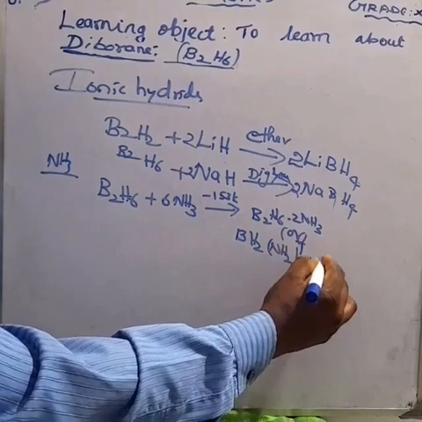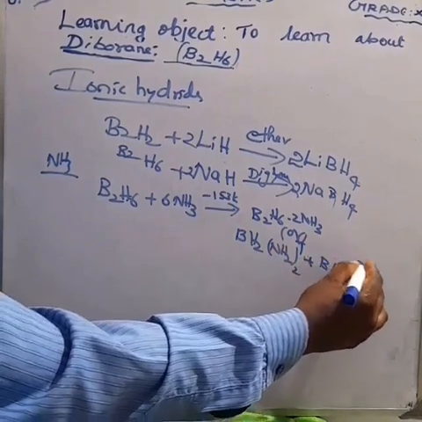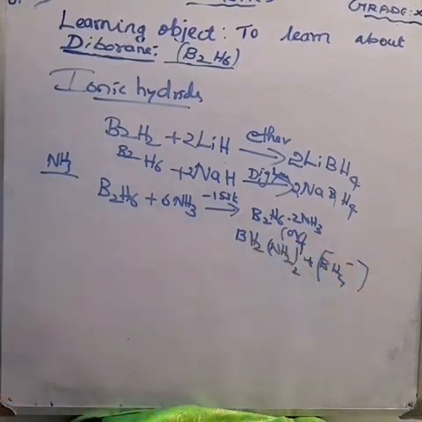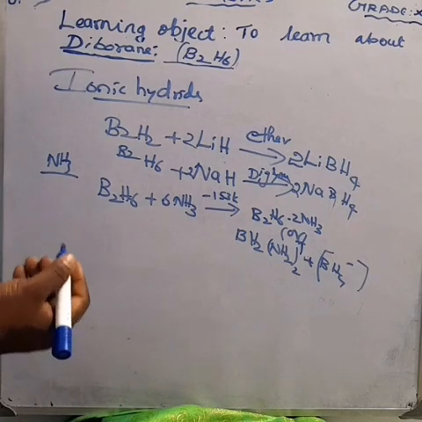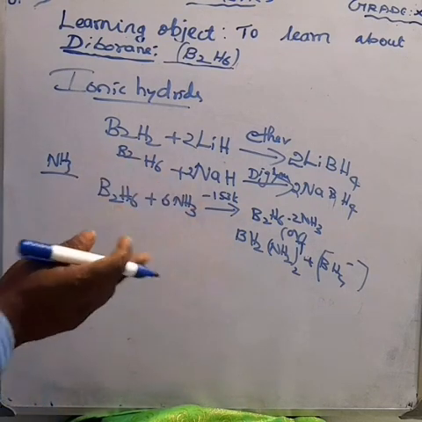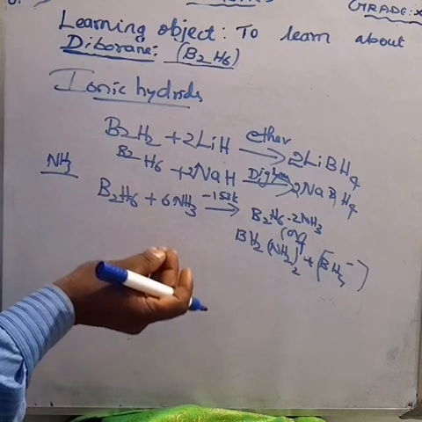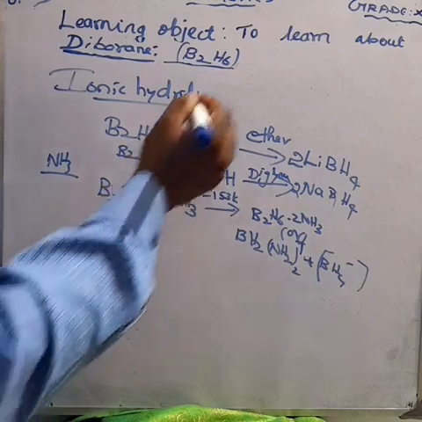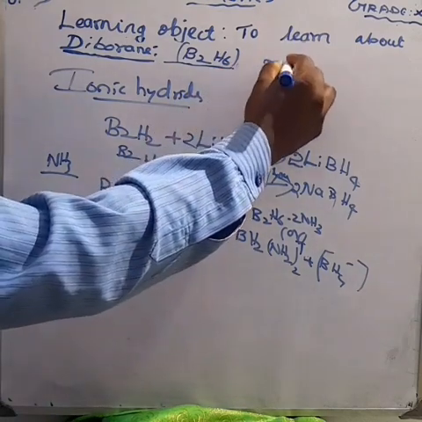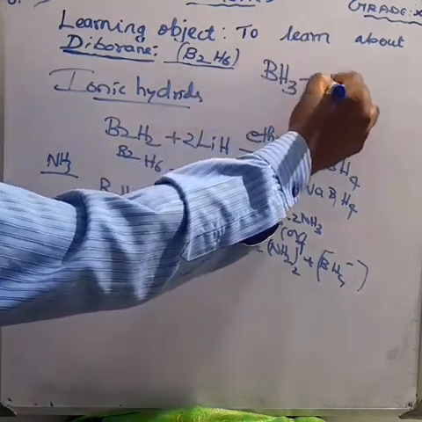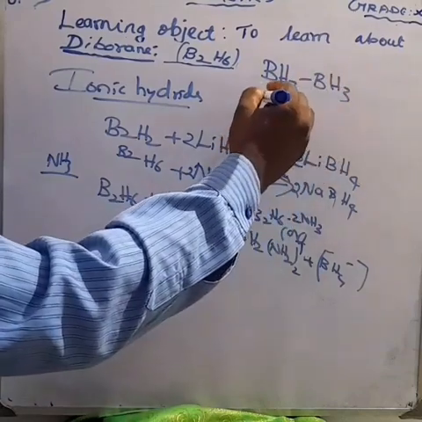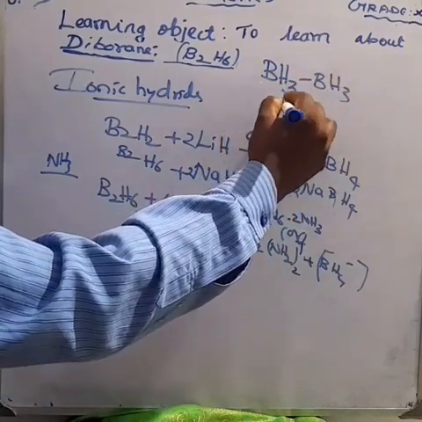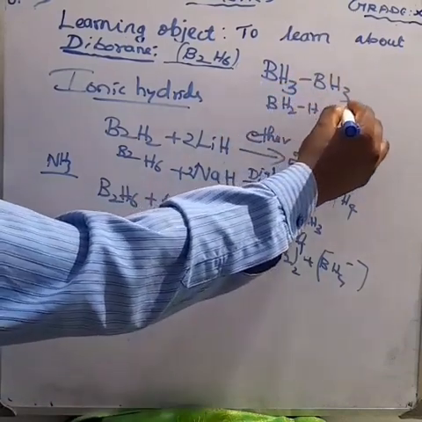My dear children, how is the product obtained from the ammonia? This product is directly obtained, but here the diborane can be written as BH3, otherwise BH2H BH3.